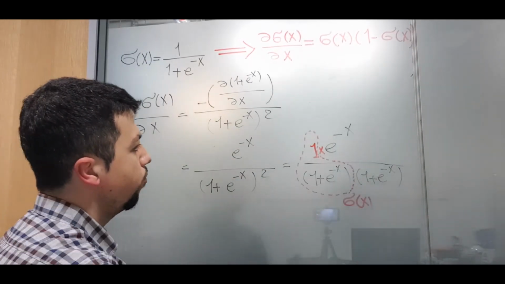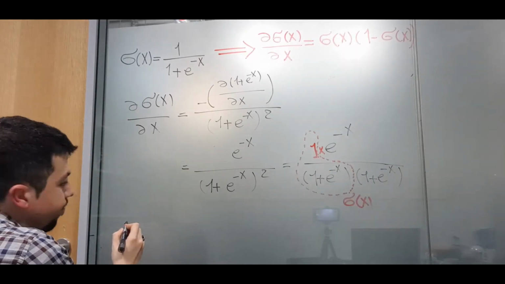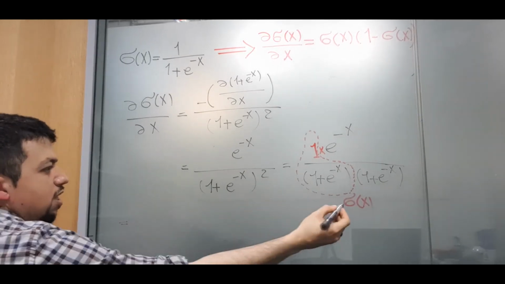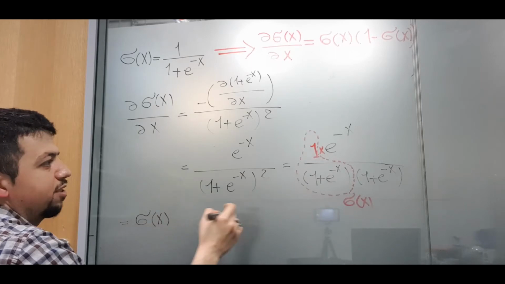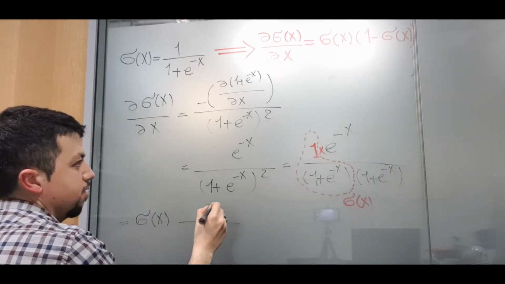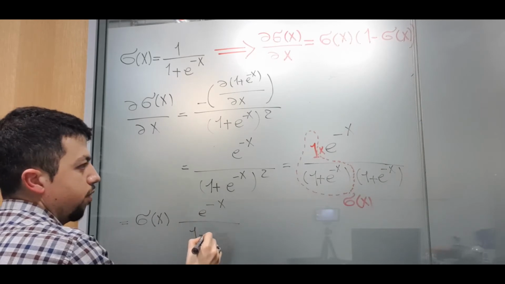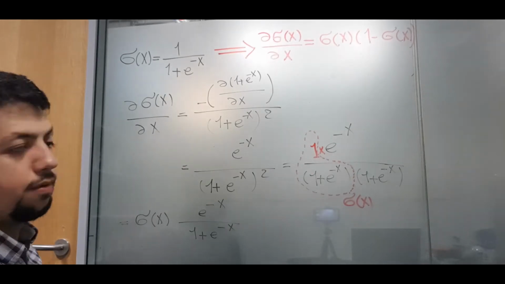Right? So you can write this whole expression as sigmoid of x multiplied by this expression, e to the power minus x over 1 plus e to the power minus x, right?